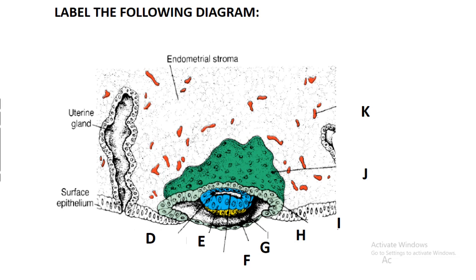The epiblast will start undergoing mitotic division, and as a result, a small cavity will appear between the cells. This cavity is known as the amniotic cavity.